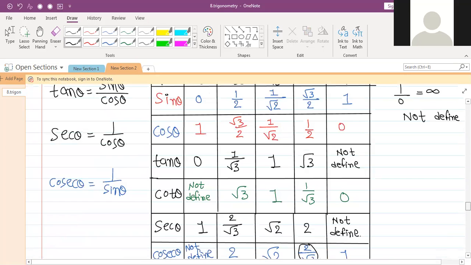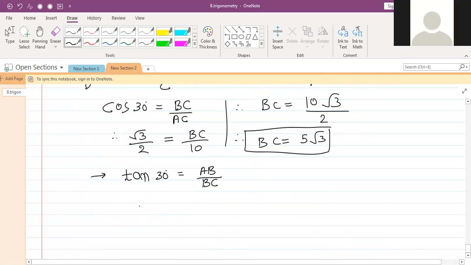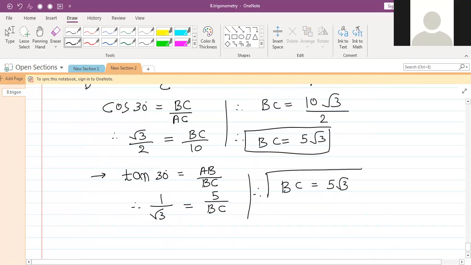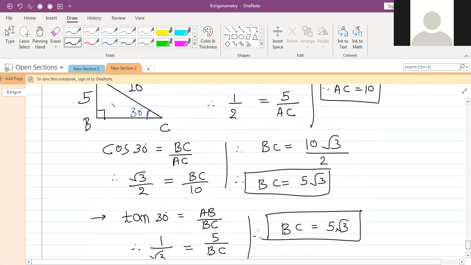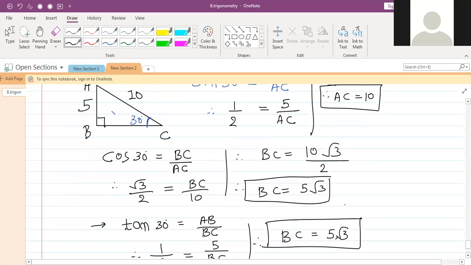According to the table, tan 30 is 1 over root 3. AB is 5 and BC as it is. So we also get BC, and here we get the same answer. Understand? So we can use a different trigonometric ratio, but the answer remains the same. Okay.